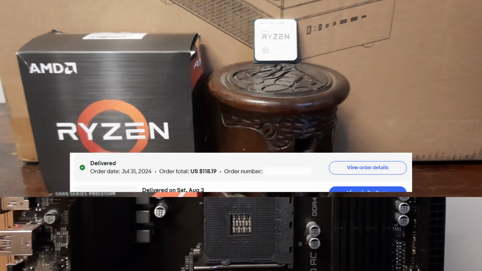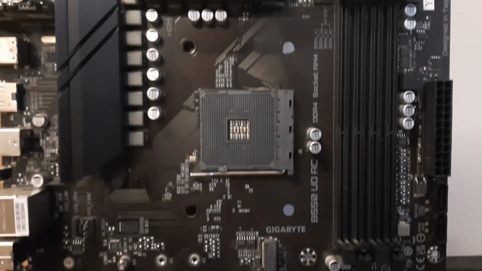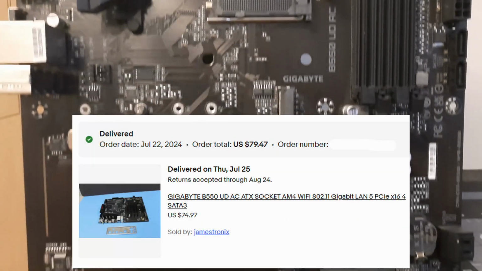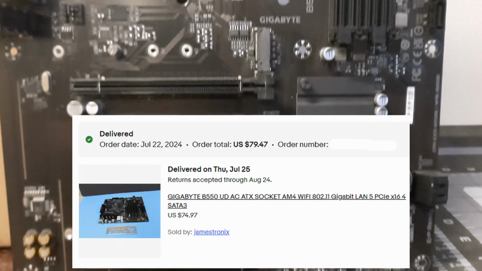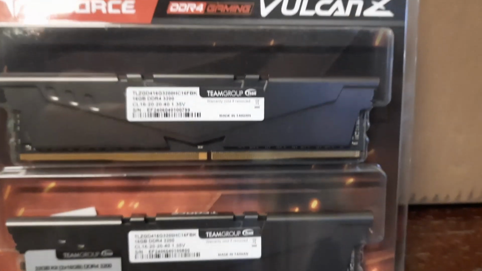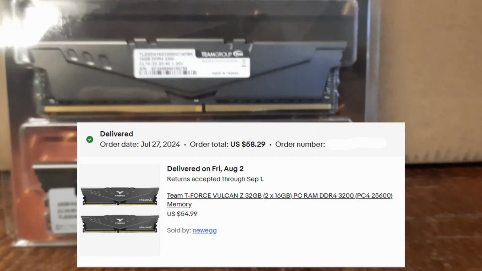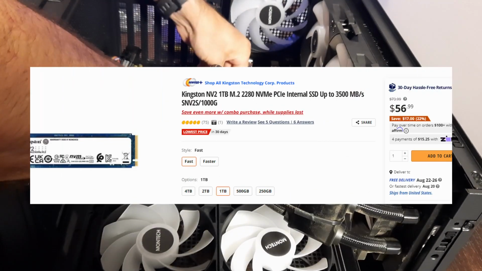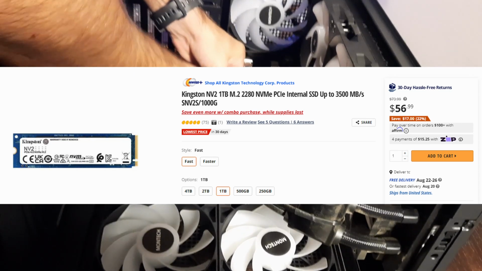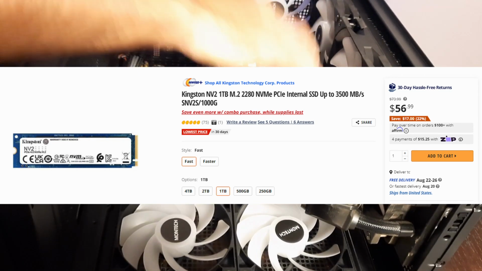For the motherboard, I got a Gigabyte B550, again on eBay, for $79.47. And I bought two 16 gigabyte sticks of Team Group 3200 megahertz RAM from Newegg, oddly enough, on eBay for $58.29. I got a Kingston 1 terabyte NVMe, the NV2, for $60.99, again on Newegg.